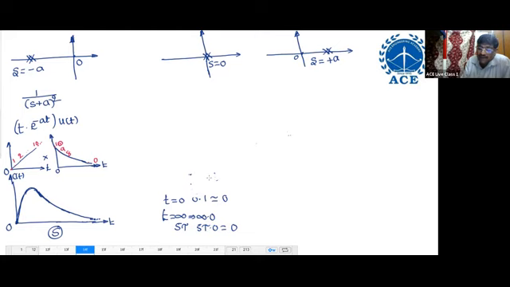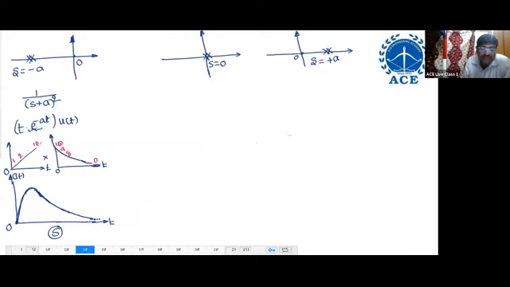If many poles are repeated, even t power 10 by 10 factorial with e power minus at, the value is 0 at t equal to 0 and also 0 at t equal to infinity. Why? Because the exponential decay term always dominates compared to the t terms.